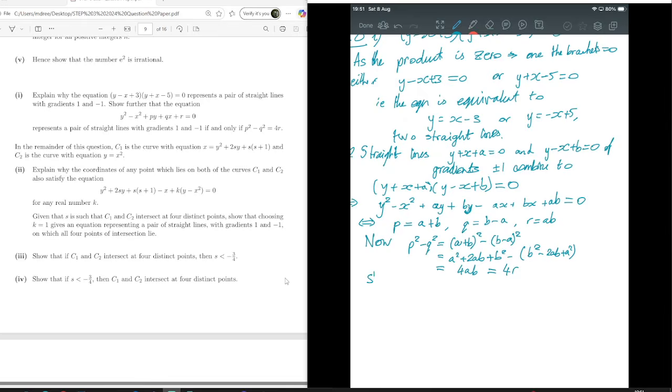So we've shown that 2 straight lines implies p squared minus q squared equals 4r, and conversely, if p squared minus q squared equals 4r, then we hopefully should be in the position where we can factorize that statement. Is that immediate?